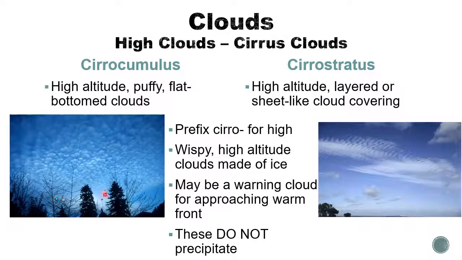So these are real high, puffy flat-bottomed clouds. And then our cirrostratus. Again, cirro for high, stratus for sheet-like. So these are our real fine, wispy ones that are way up high in the sky. May be a warning cloud for an approaching warm front. But these do not precipitate.